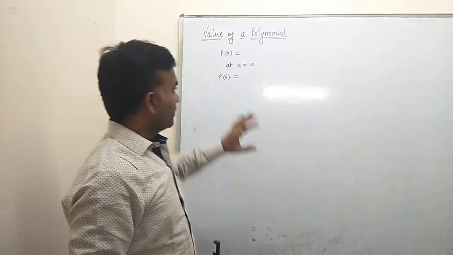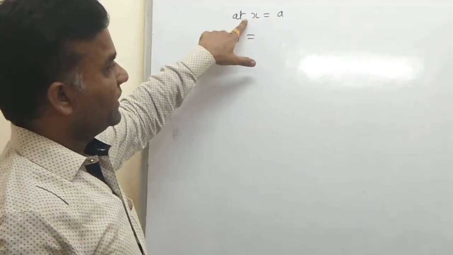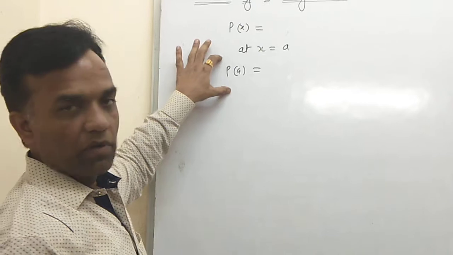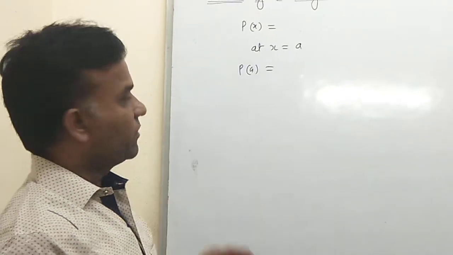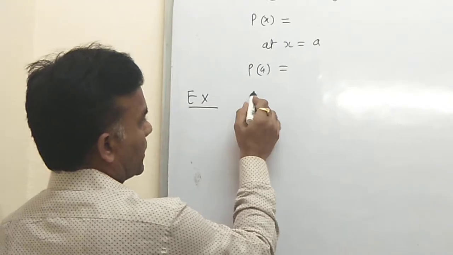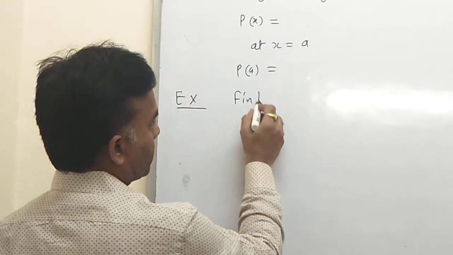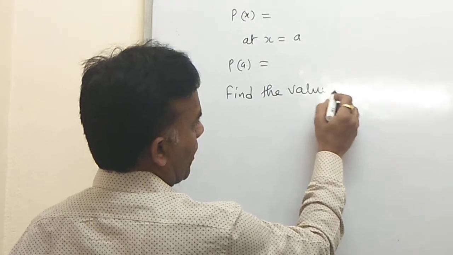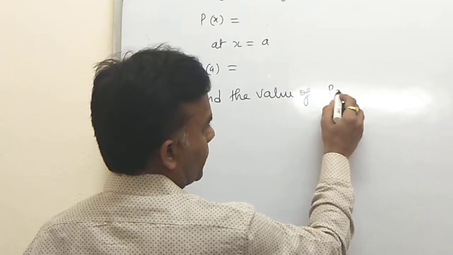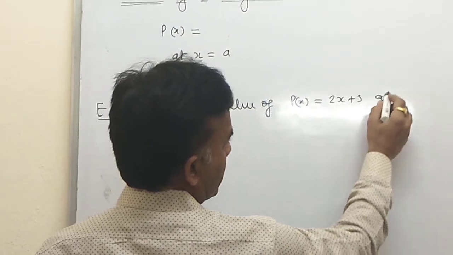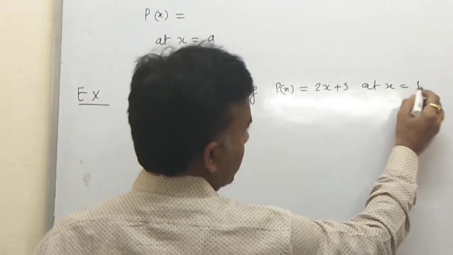So if p of x equal to something is given, then at x equal to a you find out p of a. This is called the value of a polynomial. For example, find the value of p of x equals 2x plus 3 at x equal to 1.